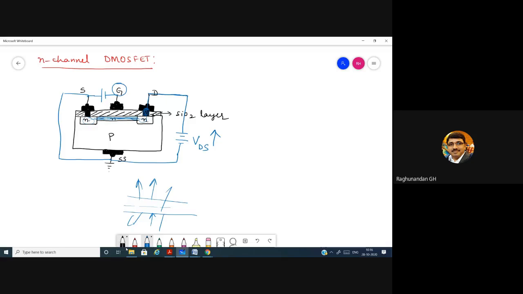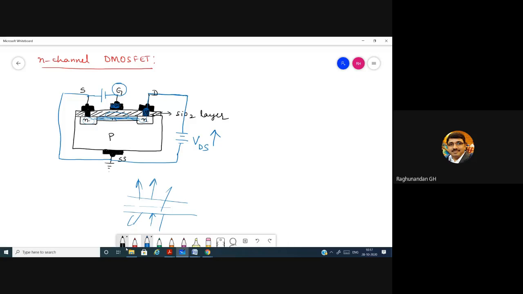Now, you can ask me one thing. There is an insulated layer here, because there is no connection here, so what is the use of this? Yes, there is an insulating layer here, and this gate, this ohmic contact, doesn't have any direct contact with this, but it is going to create an electric field.